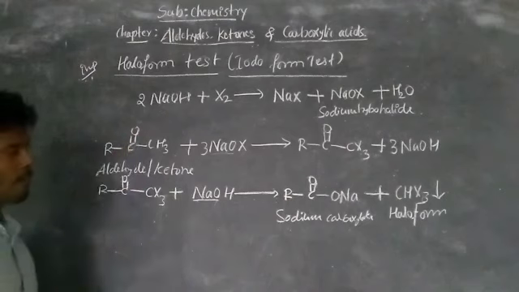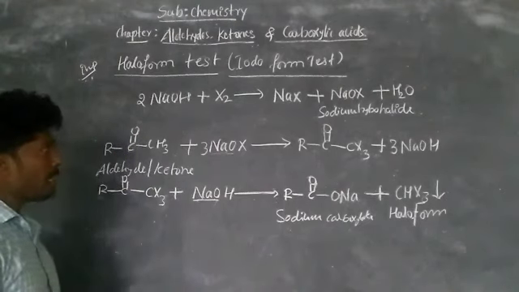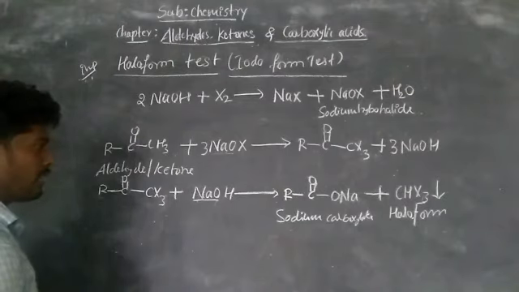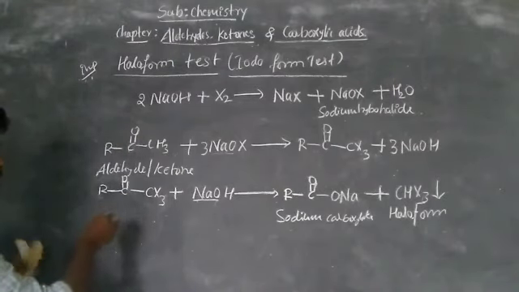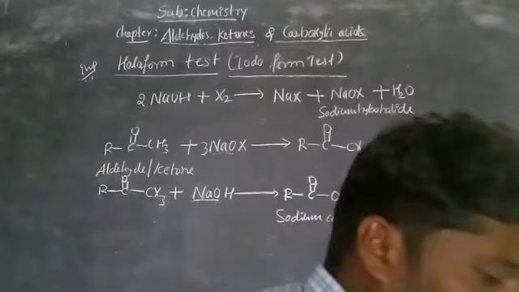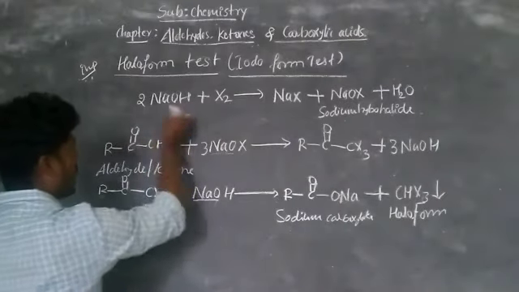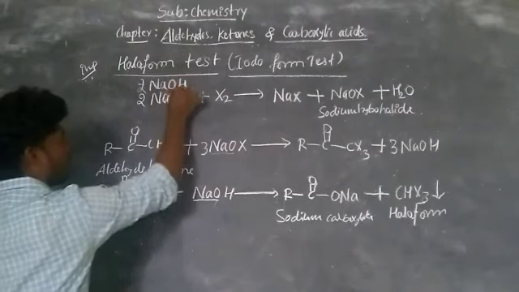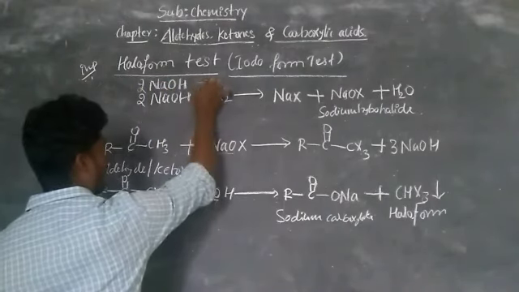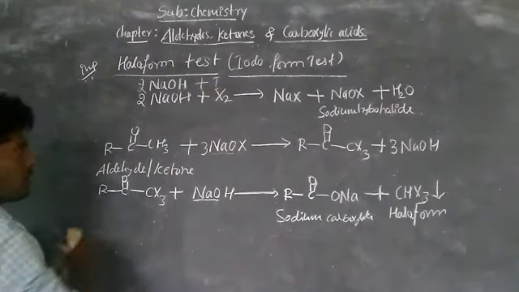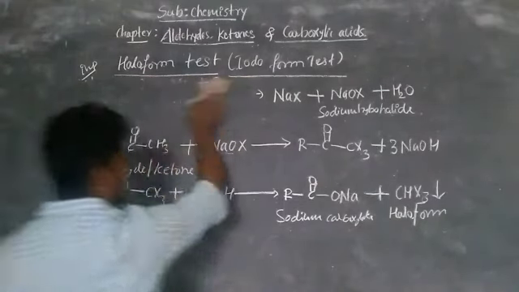Now the iodoform test. Iodoform test means in place of X we are taking iodine. Take the example in the form of the iodoform test. I am writing the chemical reaction, in place of X taking iodine.